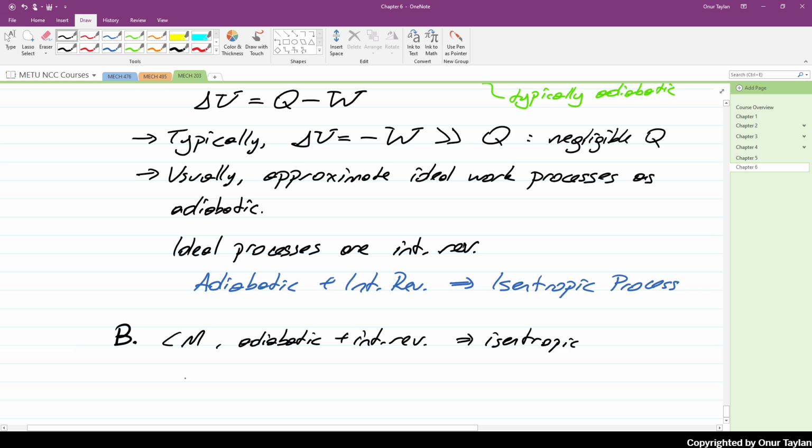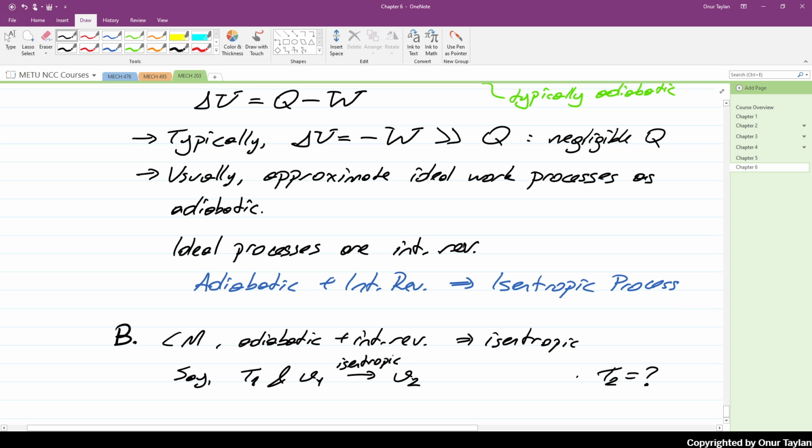Let's say you are given T1 and V1, and you know V2 that is given, and you know that it is an isentropic process. So the question is, what is T2, for instance? How do you find T2?